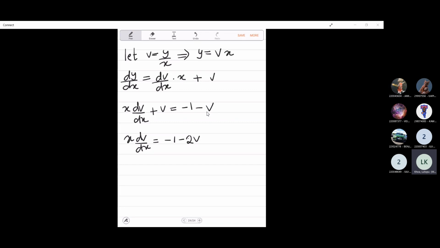So what I can do is rewrite this as x dv is equal to (-1 minus 2v) dx, and then take all the terms with v and dv on one side, then all the terms with x and dx on the other side.